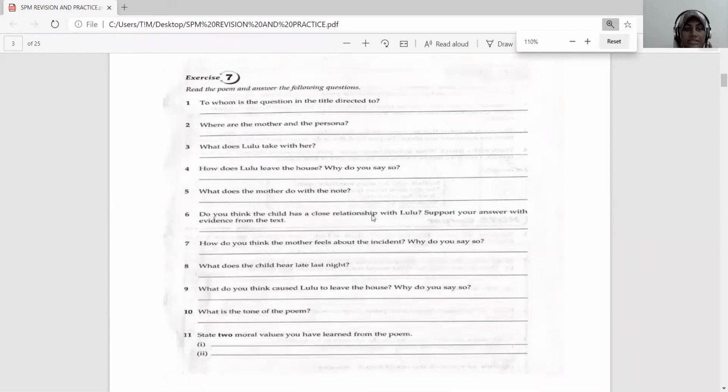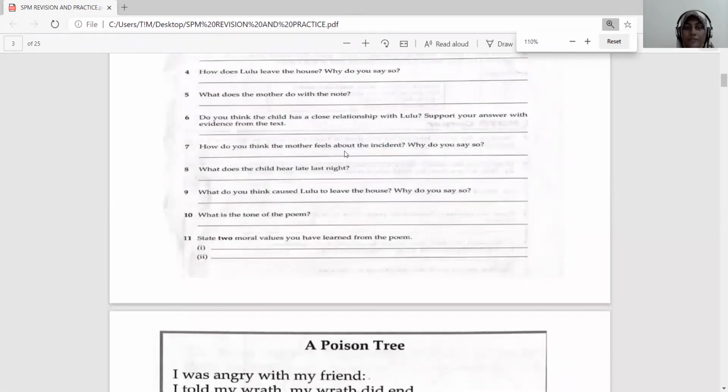Okay, number seven. How do you think the mother feels about the incident, and why do you say so? Exactly, heartbroken. She's upset. The evidence is the child sees her crying. When she said it's a gust of rain, actually she was crying, and then she turns her head.